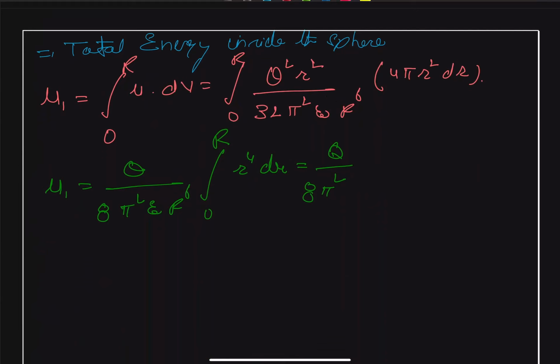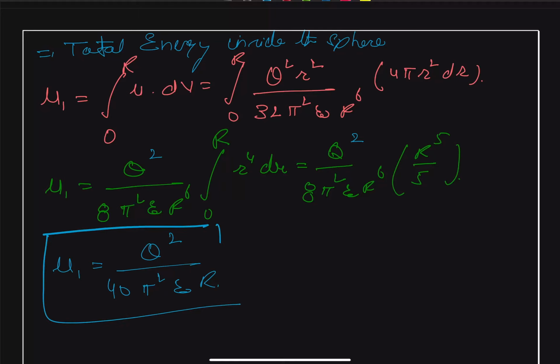Now it's correct. And this comes as r raised to power 4 plus 1, that is 5, so r raised to power 5 divided by 5. So we get that U1 will be equal to q square divided by 8 times 5, that is 40, pi epsilon naught, and this will be capital R. So this is our U1.